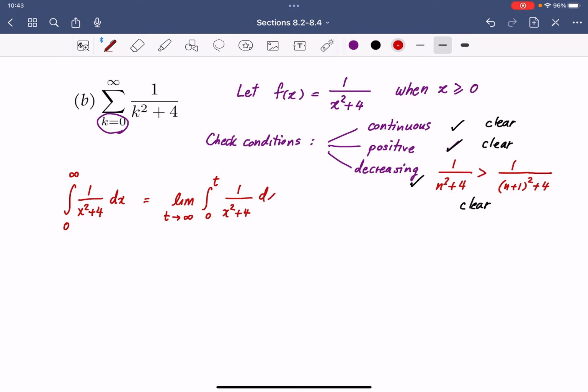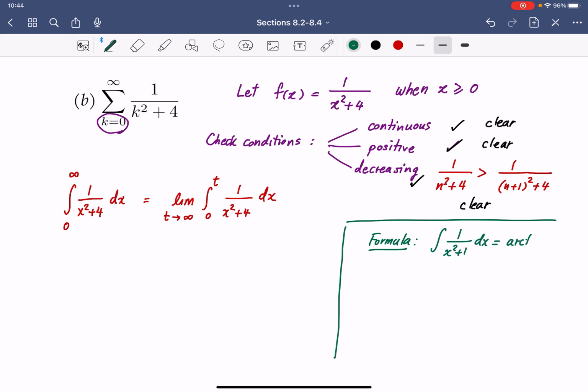First of all, you need to know how to integrate 1 over x squared plus 4. It's been a long time since calculus 1, but let me give you the formula. In calculus 1, we learned a formula; it's my fault that I never made you memorize it. The integral of 1 over x squared plus 1 dx is arctan x plus c, right?